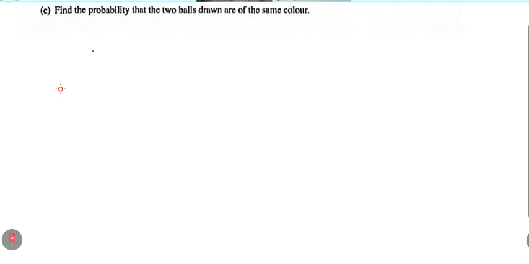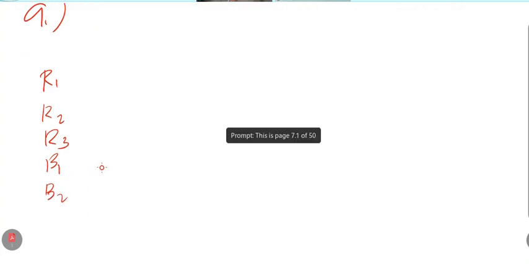We're going to have R1, R2, R3, no, B1, B2, and the G then.